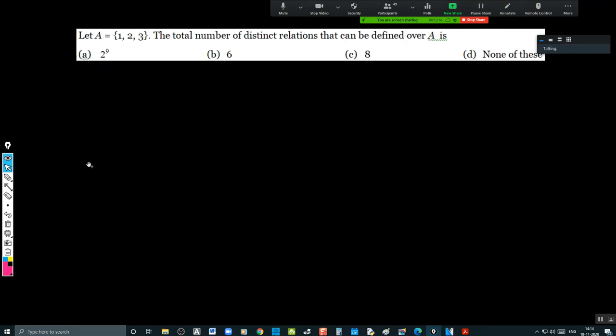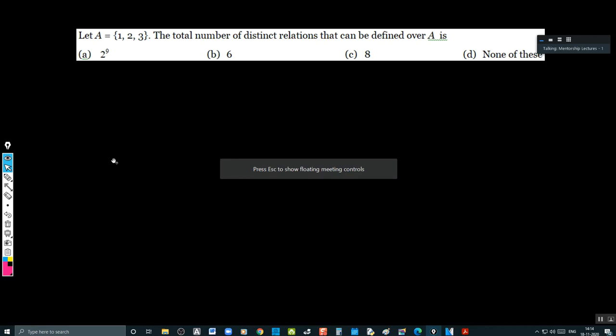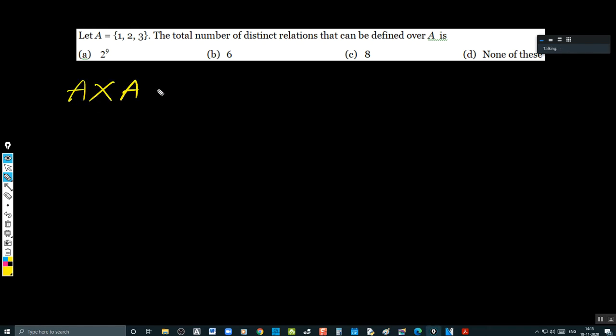Next, the question I'm asking you is this. A is equal to 1, 2, 3, the total number of distinct relations that can be defined over A is the question. How many elements does A cross A have? Sir, we have done this question, 2 raised to 9.